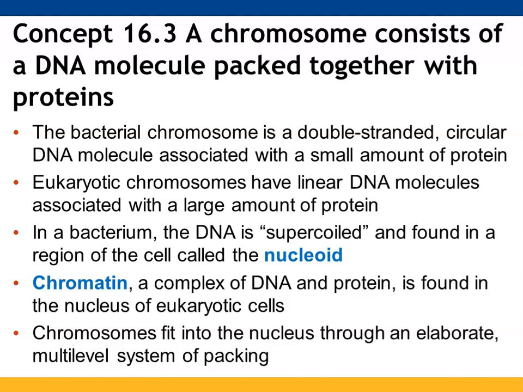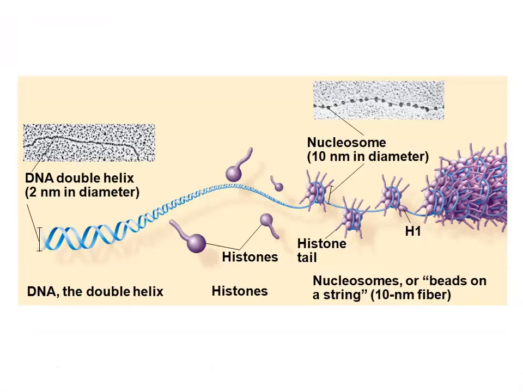Chromosomes are able to fit into the nucleus despite their relatively extended length through a pretty involved packing system. And so we'll see, there you see your double helix, you see the histones, and then you see the DNA being wrapped around those histones or groups of histones known as a nucleosome.